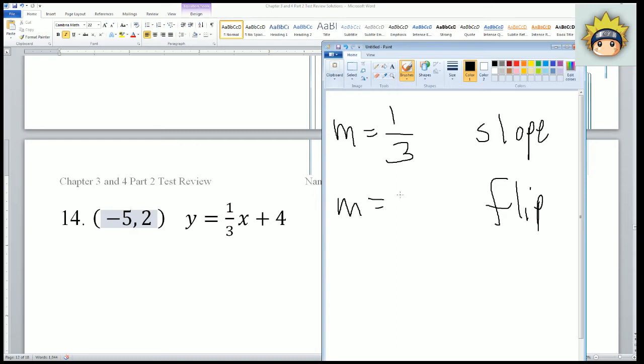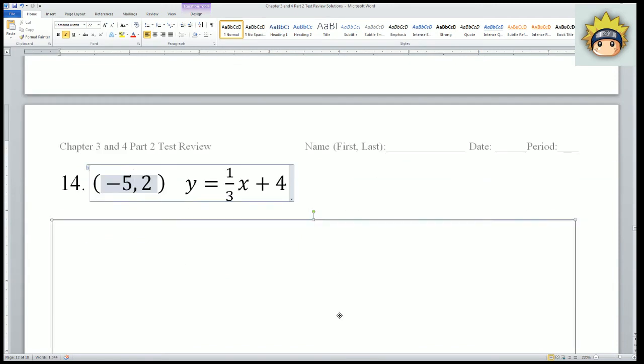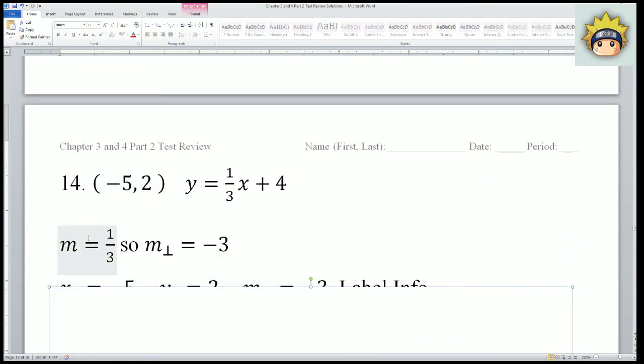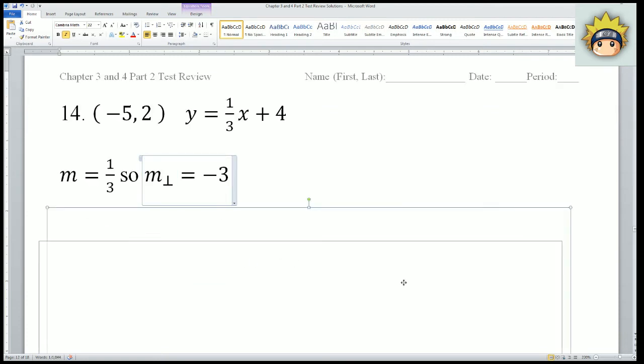It becomes 3/1, but we don't really write the 3/1. We can just write it as 3. Then you want to do the opposite. What is the opposite of positive 3? Which is negative 3. That is your perpendicular slope. The original slope is 1/3, so the perpendicular slope is negative 3.